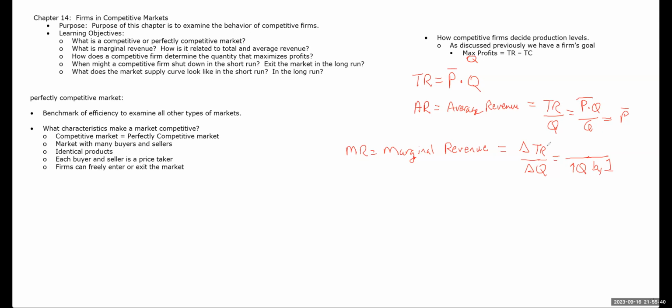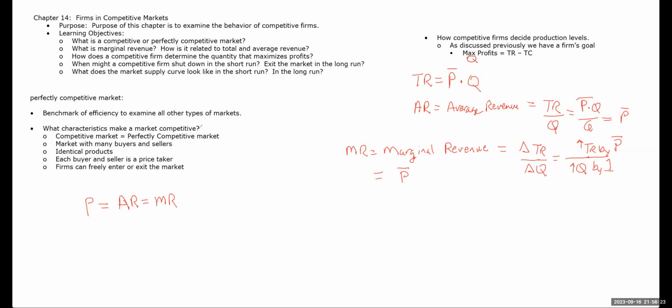How much does total revenue increase by? If I sell one extra white t-shirt, total revenue increases by the marginal revenue, which is P. P divided by 1, or just P. What we see here is that price, the given price to the firm, is equal to average revenue, and it is also equal to marginal revenue.